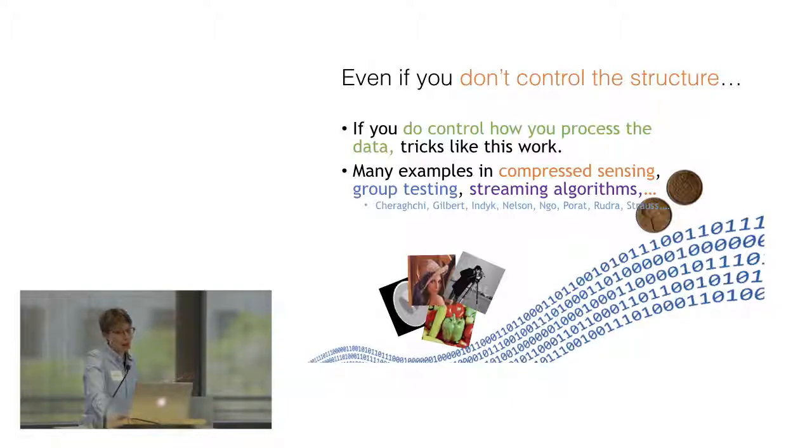I gave a couple of examples in computational biology, but there are tons of examples of this, not just mine, lots of people. In compressed sensing, group testing, streaming algorithms, here are just a couple of names of people who work on stuff like this. And I think that this is a tool that is largely underappreciated in algorithm design and data science. So I want to use this platform that I have here to proselytize this idea to you guys.